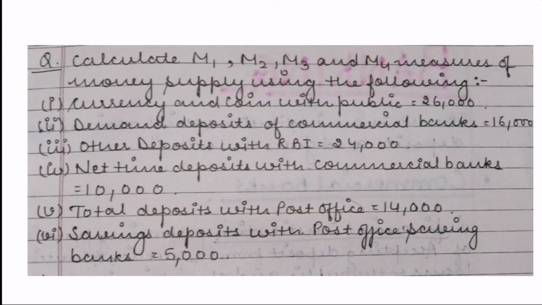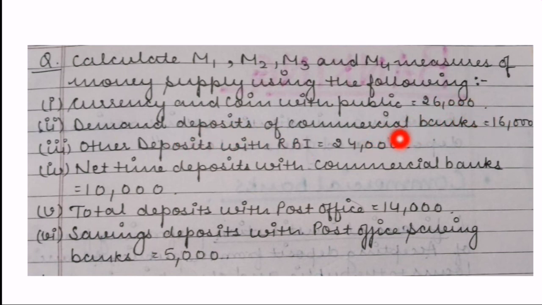So M1, you all know, is C plus DD plus OD, that is currency held by public plus demand deposit plus other deposit with RBI. So it would be 26,000, currency and coins with public, plus 16,000, demand deposit of commercial banks, plus this 24,000, other deposits with RBI.